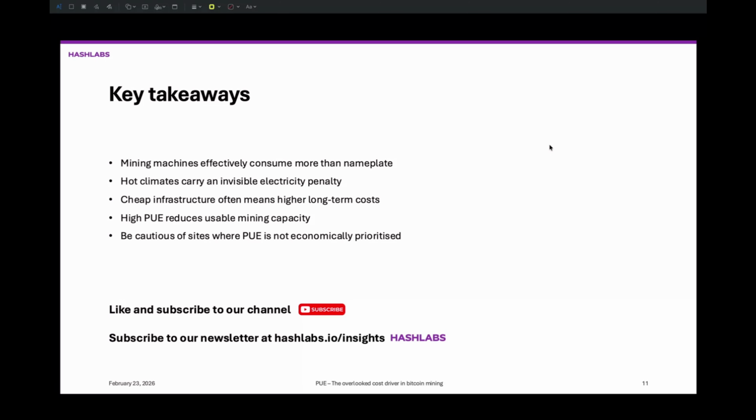While sites in, let's say, Norway or in the US are more viewed as a long-term investment, and they usually have better infrastructure, at least, which can reduce the power usage effectiveness. So just be aware of that as well. And if you're looking to buy a mining site, you always need to know what the power usage effectiveness is, how efficient that site is, and that needs to reflect the price you're willing to pay, of course.